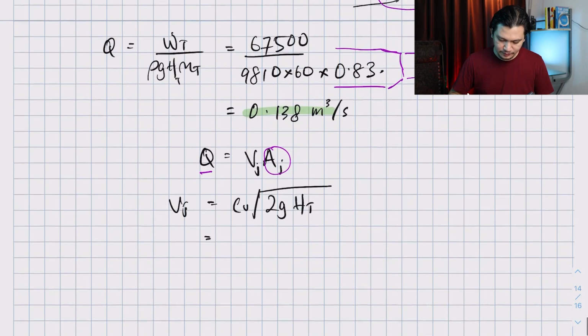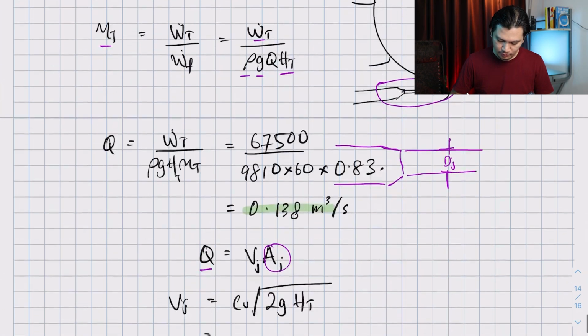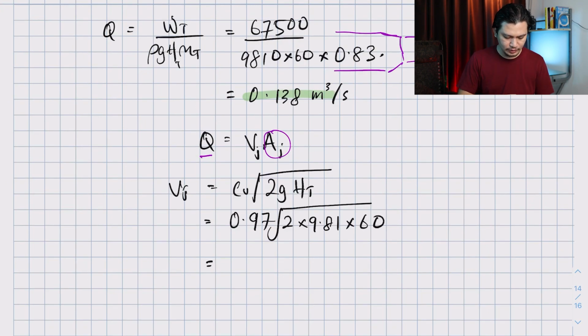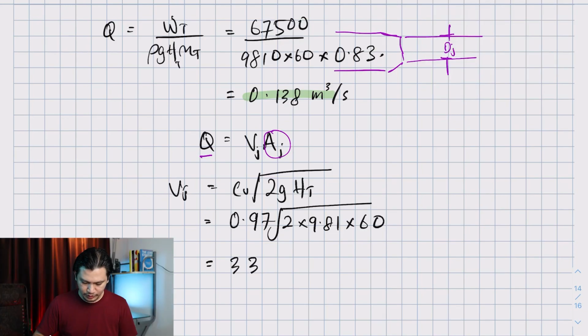CV is 0.97, times the square root of 2 times 9.81 times 60. So V jet is the square root of 2 times 9.81 times 60, times 0.97, which is 33.28 meters per second. That's your jet velocity.